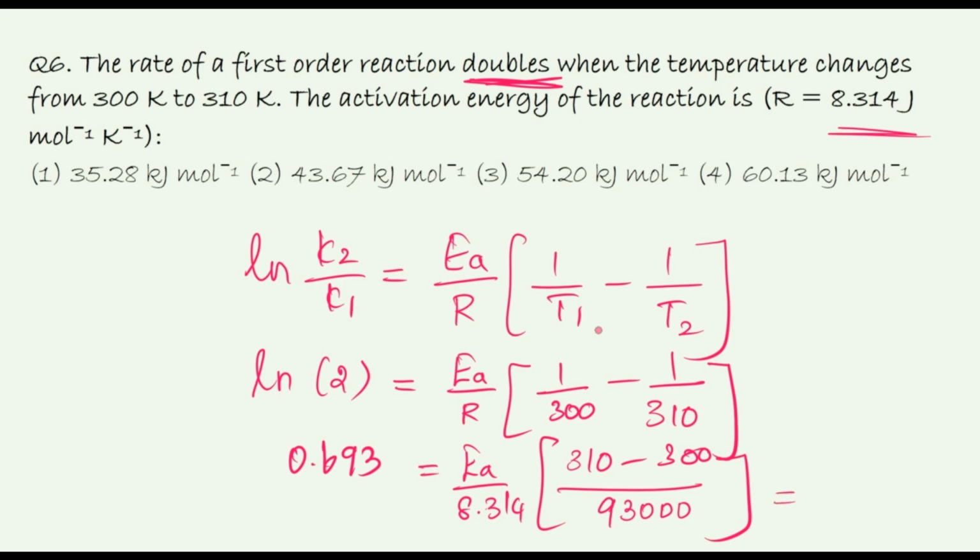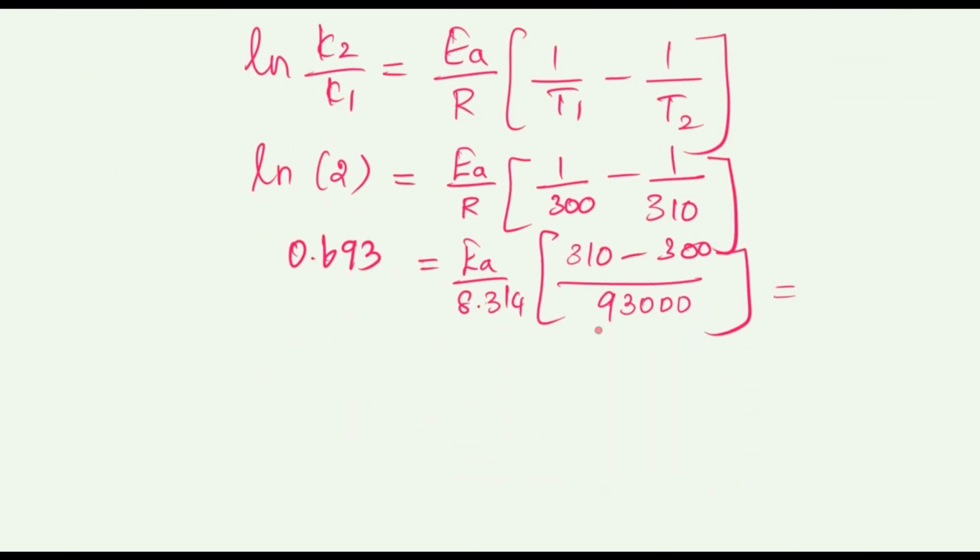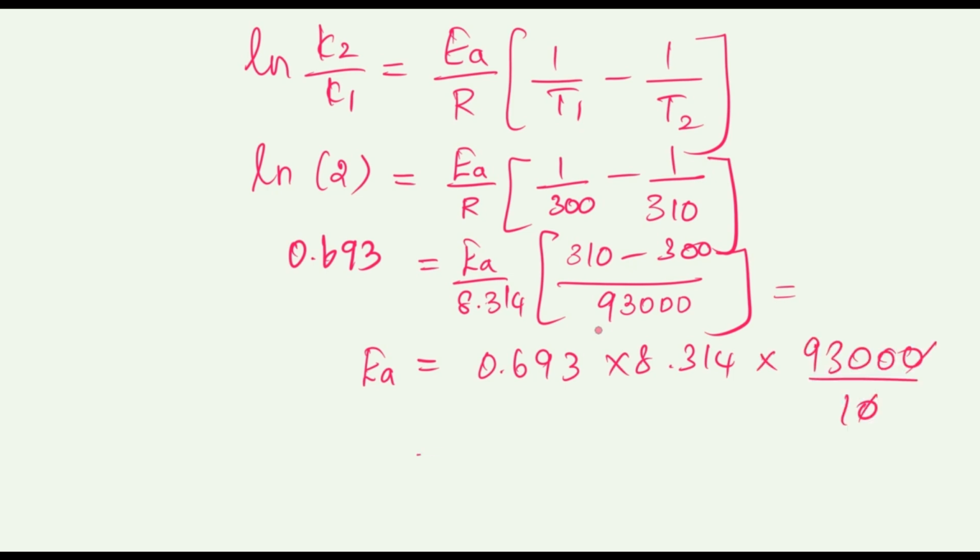So we have to do the simple calculation to find out Ea. So Ea becomes 0.693 into 8.314, and then the remaining 10 by, we can just cancel it out and just do the multiplication.